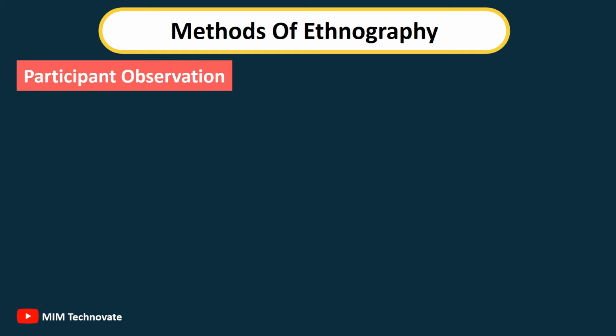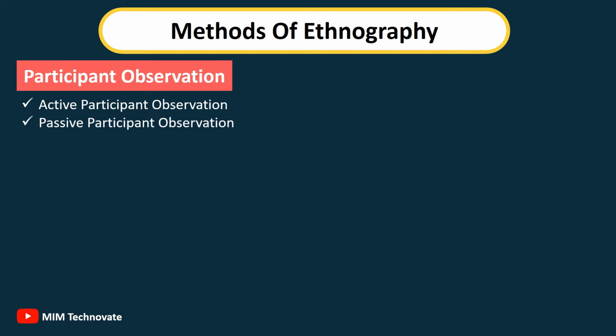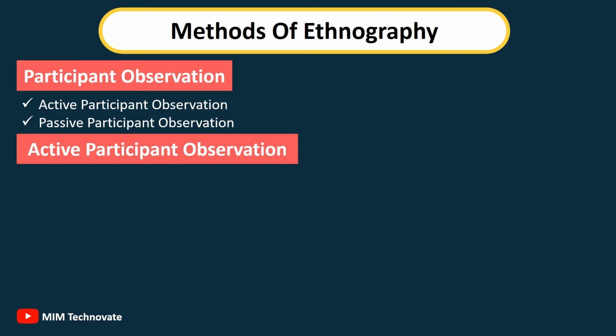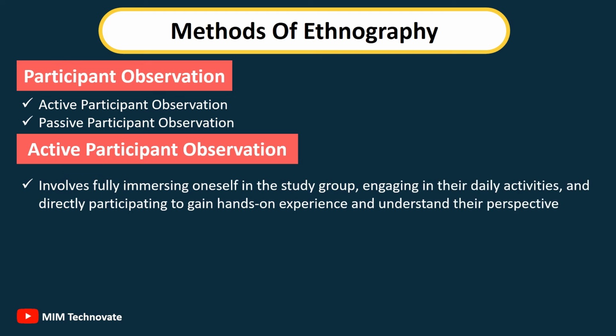Participant observation. Participant observation can take two forms: active participant observation and passive participant observation. Active participant observation involves fully immersing oneself in the study group, engaging in their daily activities, and directly participating to gain hands-on experience and understand their perspective.